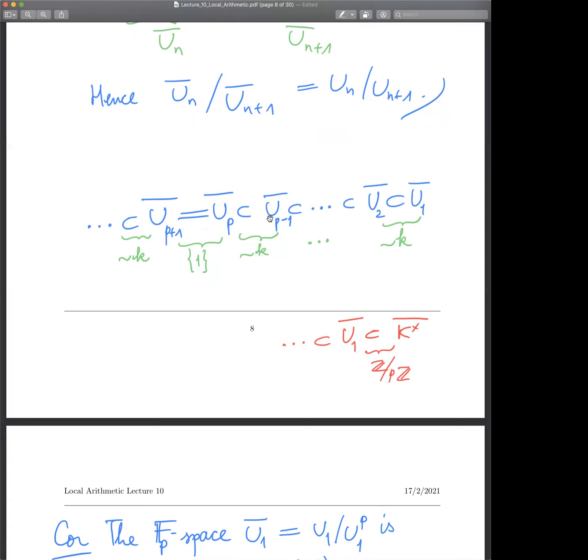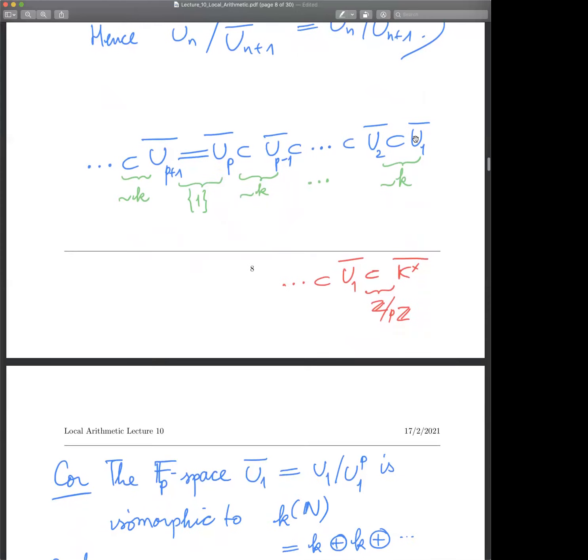This goes on all the way up to p minus 1, where U_{p-1} bar modulo U_p bar is also isomorphic to k. But when I come to an index which is a multiple of p, the next one is really the same as this one. And this pattern repeats itself ad infinitum.